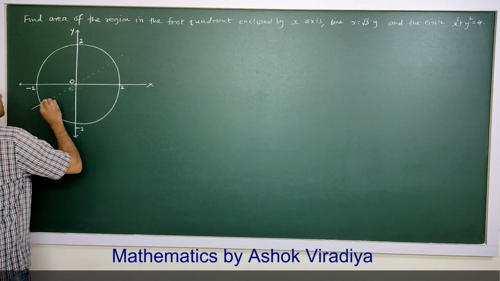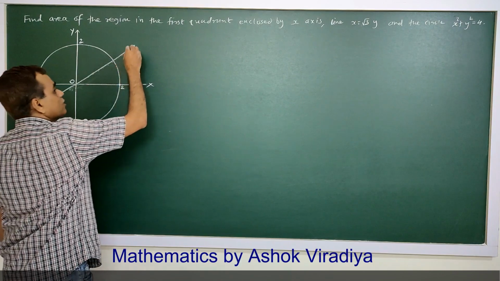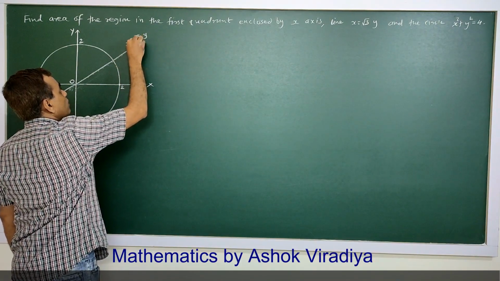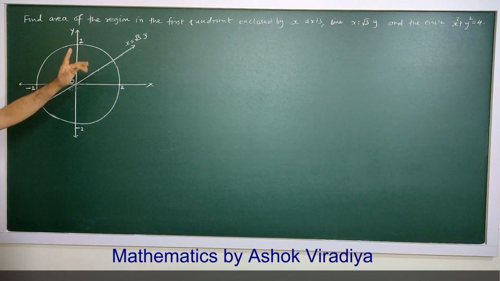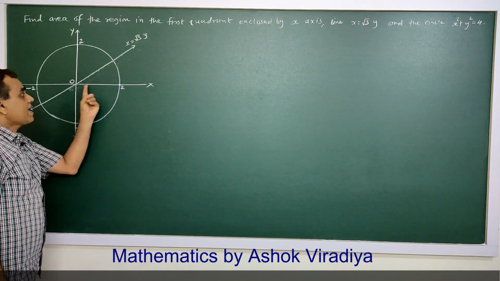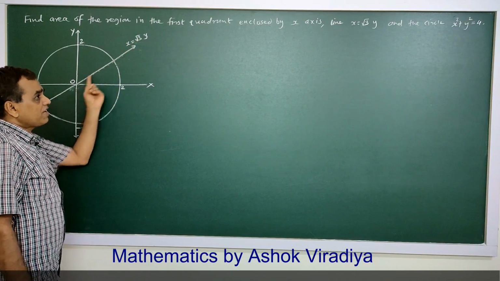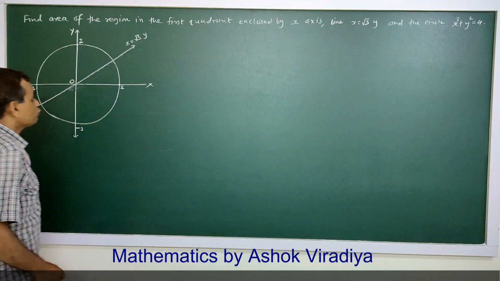So suppose this is a rough sketch of this line x equal to root 3 into y. Now we want the area of the region in the first quadrant enclosed by the x-axis, the line x equal to root 3y, and the circle x square plus y square equal to 4.